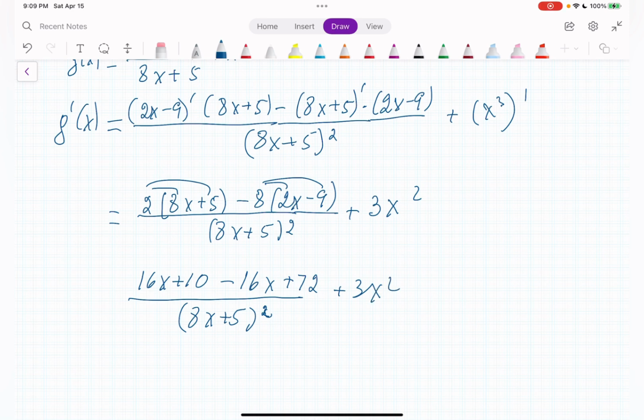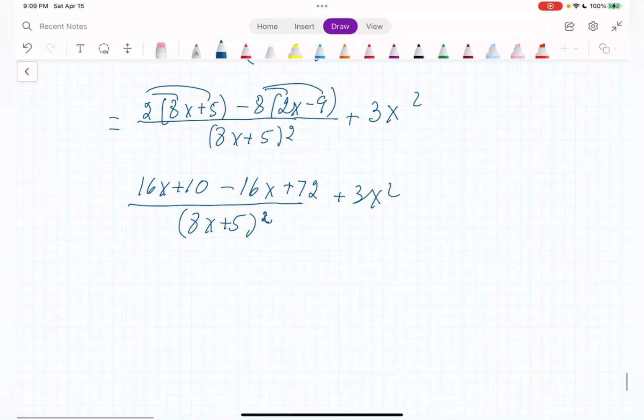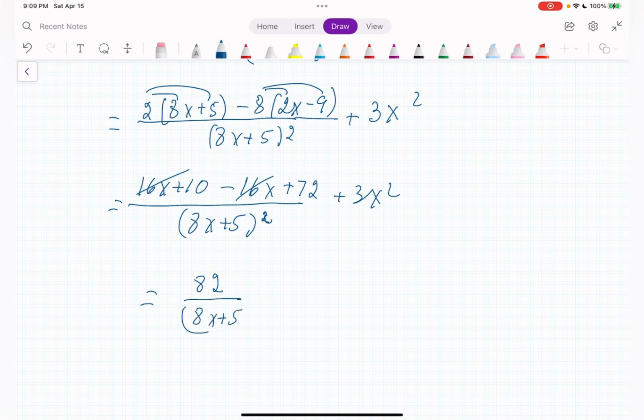What we're going to get here: 16x minus 16x is gone, and we are getting 10 plus 72, which is 82 over 8x plus 5 squared and plus 3x squared. Let me take the picture of the answer and then we place to check.